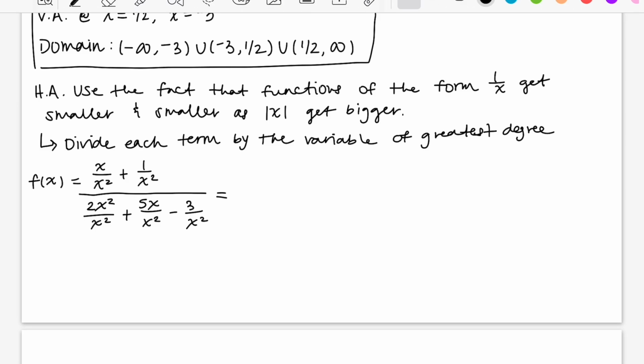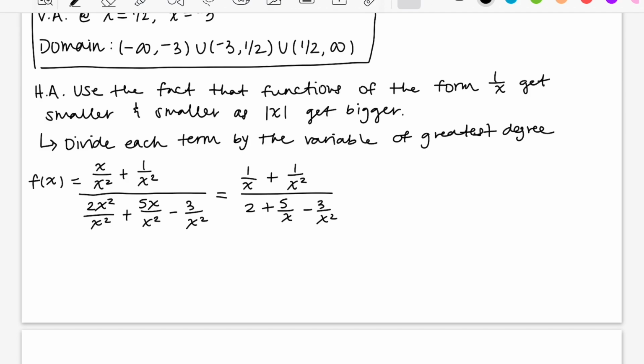Right, we can simplify this a little bit. Our first term here is going to be 1 over x because we can take an x out from the top and the bottom here. In the denominator, we'll get 2 plus 5 over x minus 3x squared.